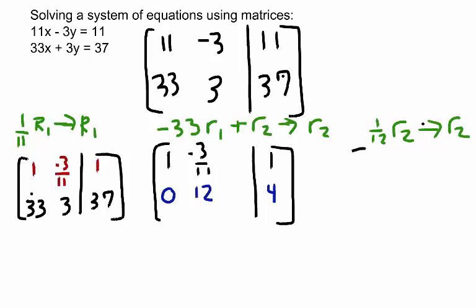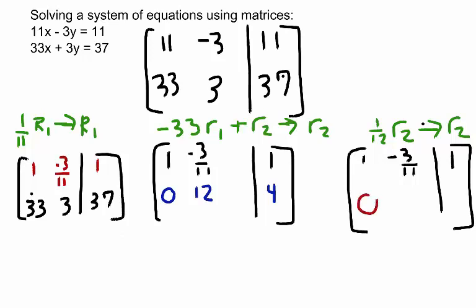We'll set up our new matrix. Row 1 is not going to change. We'll multiply 1/12 by row 2. 1/12 times 0 equals 0. 1/12 times 12 equals 1. 1/12 times 4 equals 4/12, which reduces to 1/3.